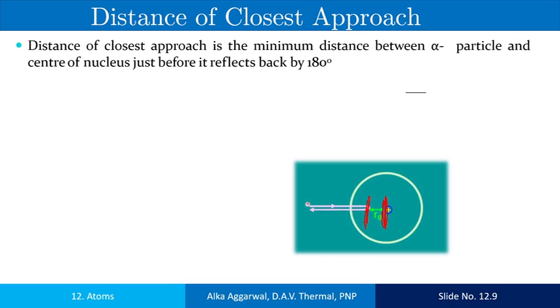As it moves towards the nucleus, due to the force of repulsion between the alpha particle and the nucleus, the kinetic energy of the alpha particle decreases, and finally it comes to rest. At that time, the distance between the alpha particle and the center of the nucleus is called the distance of the closest approach.